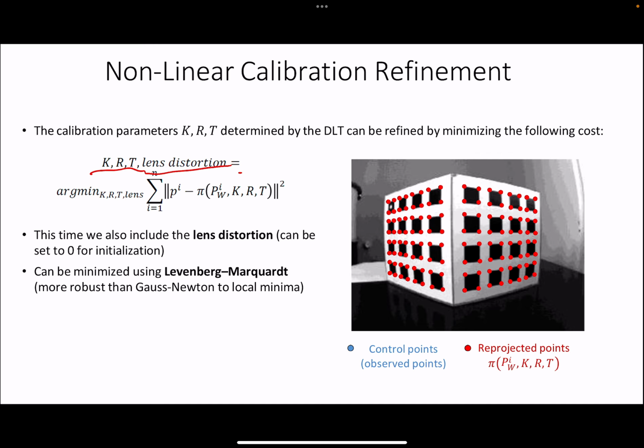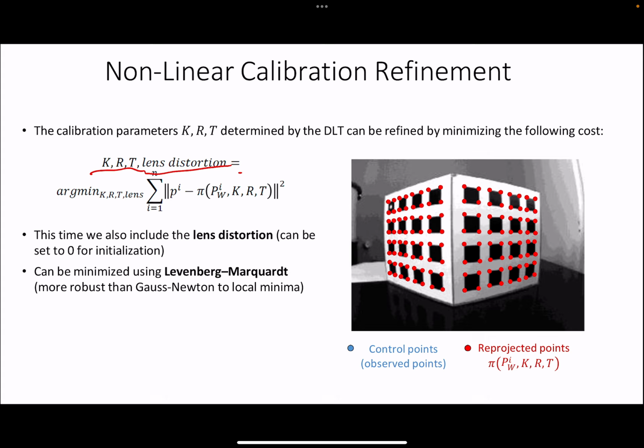So it makes sense. I guess it's not very complicated. Once we get K, R, T from the Tsai method based on a direct linear transformation, from its name we can know that it's linear. There are many approximations and assumptions, like there can be noise and lens distortion is not included for the initial calibration.